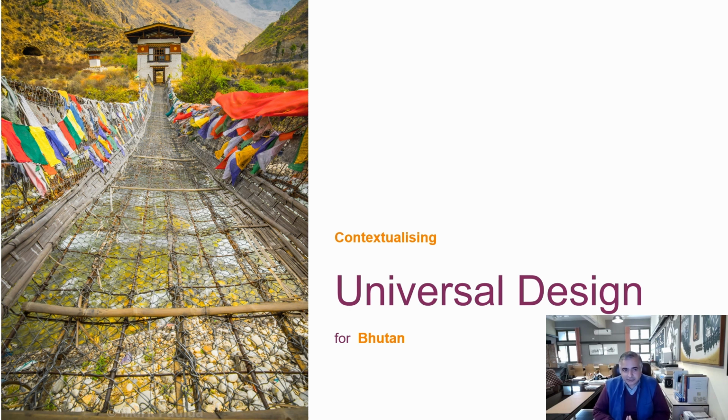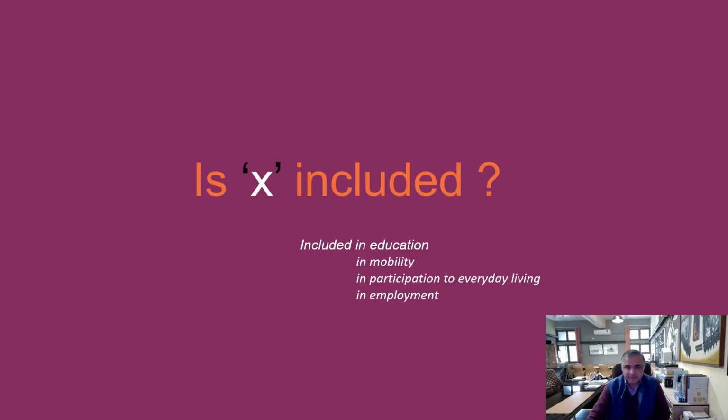All this we have to contextualize in the context of education, access to basic life, access to mobility, access to employment, and many other dimensions in which everyday tasks of social participation remain included. The question is, how does Bhutan do that? Including access to religion, access to pilgrimage, access to tourism as part of the whole landscape.